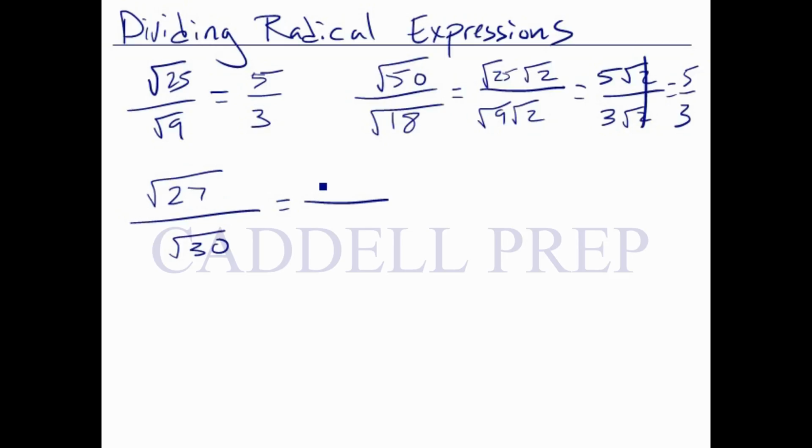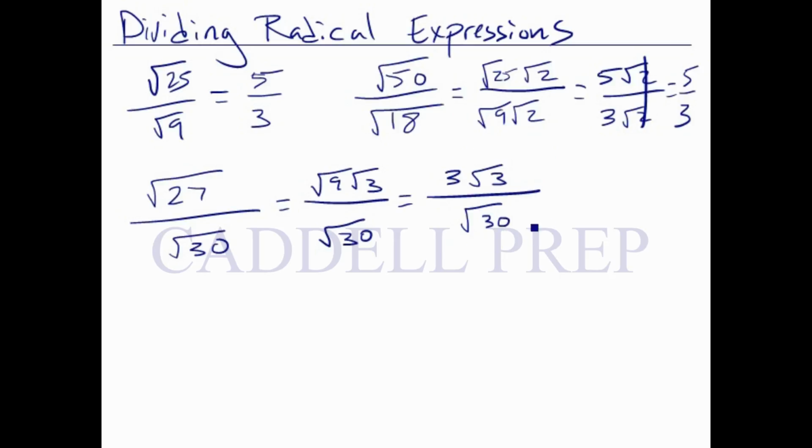Well, 9 and 3 go into it, so we could do radical 9, radical 3. Then the square root of 30 does not break up. It's just the square root of 30. The square root of 9 is 3, so we have 3 radical 3 over radical 30. And that's pretty much as far as we can go with the radicals.